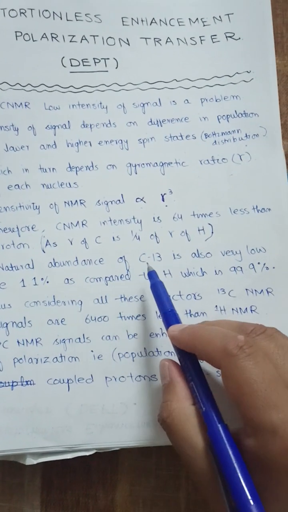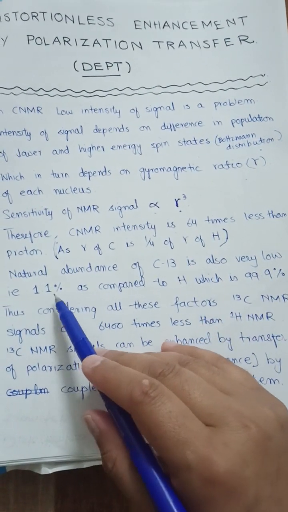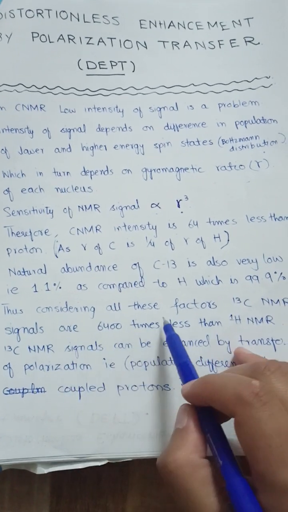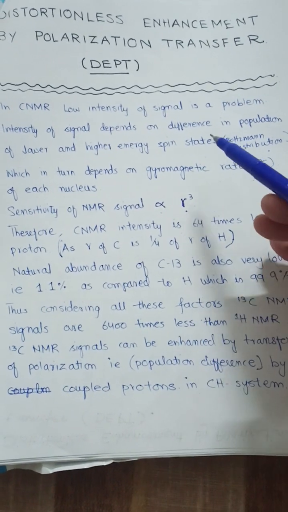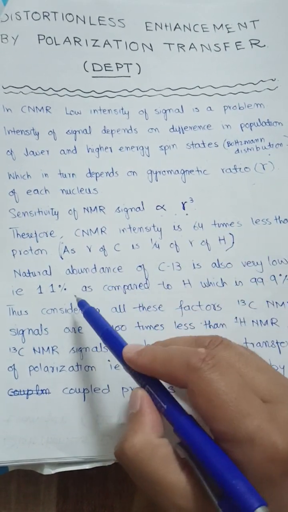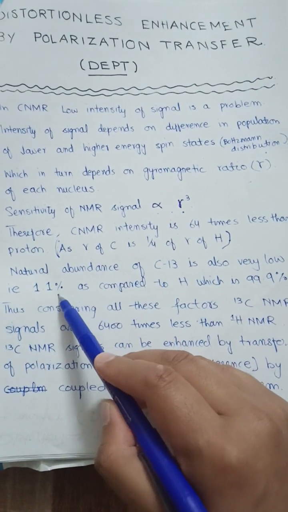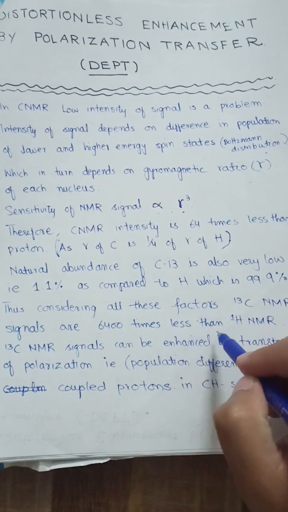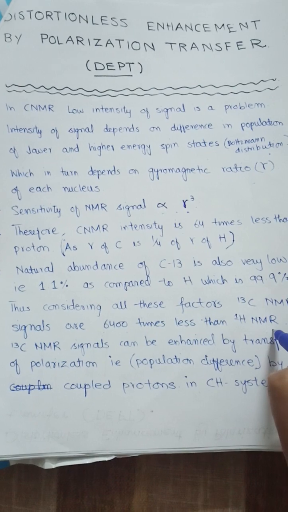The natural abundance of carbon 13 is 1.1% as compared to proton. Thus, considering all these factors, that is Boltzmann distribution, gyromagnetic ratio and percentage abundance of carbon 13, we get 6400 times less signal than the proton signals.